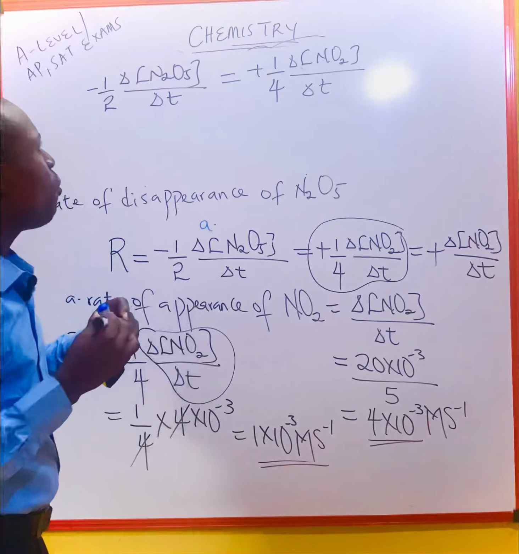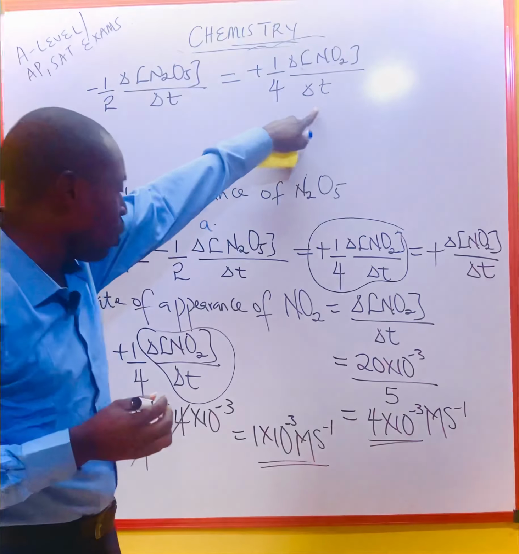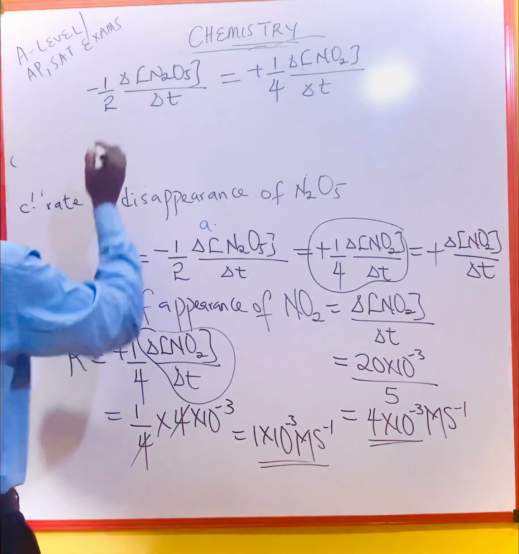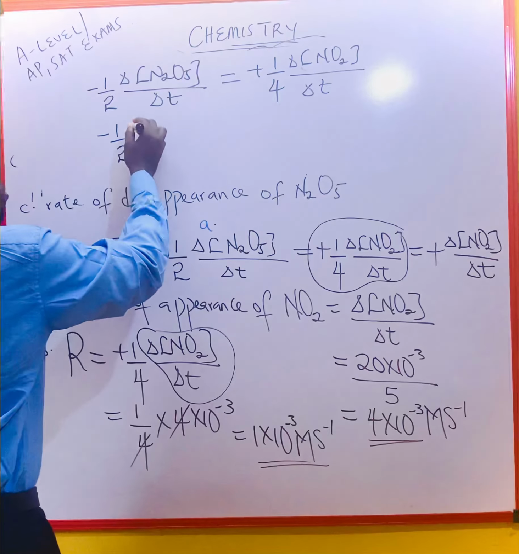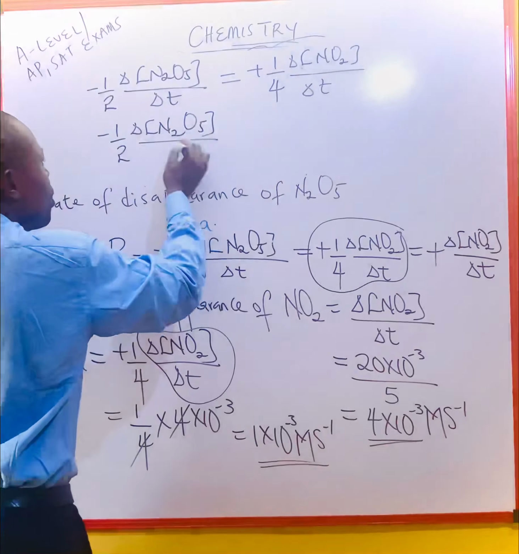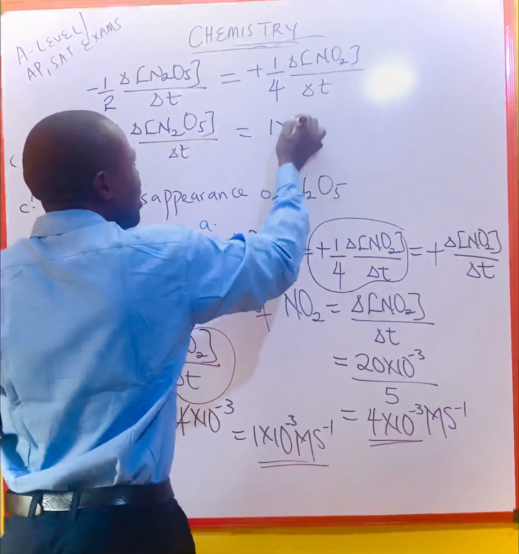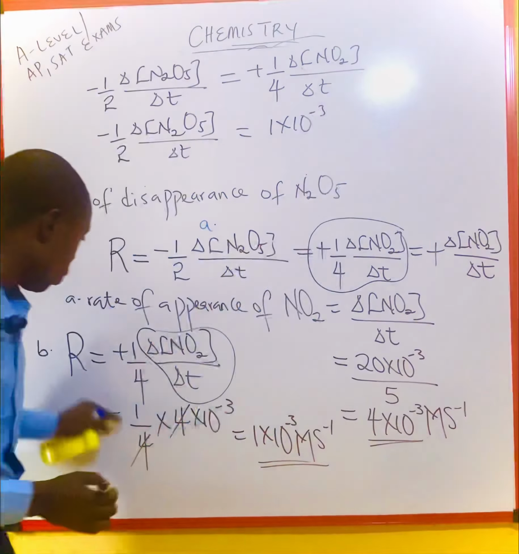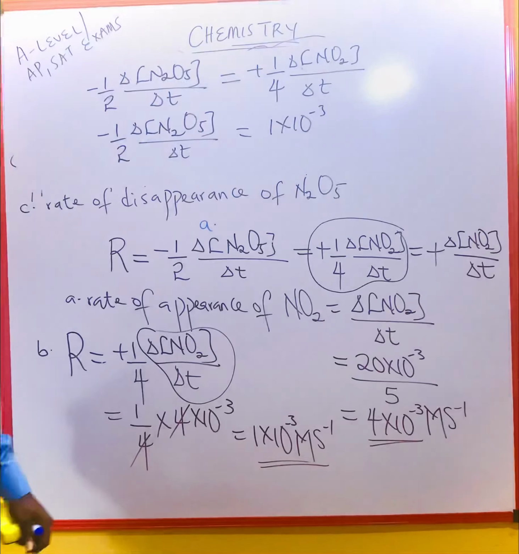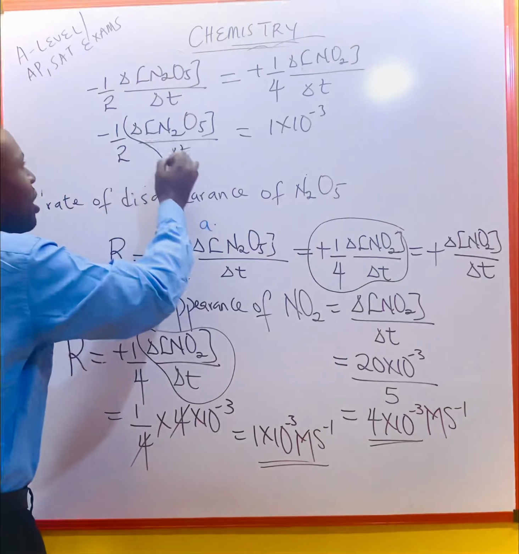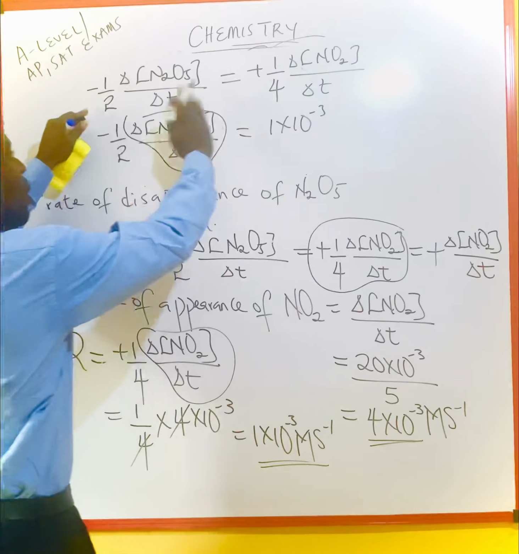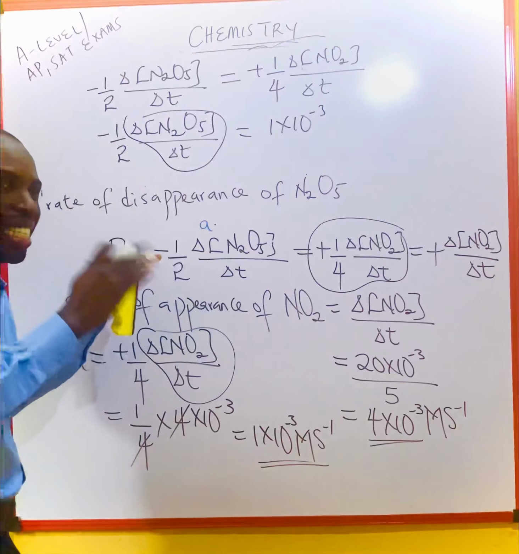The rate of this reaction, we've already gotten it. So change in N2O5 over change in T equals 1 times 10 to the minus 3, because we've already done it here. Remember the question says rate of disappearance, meaning you are looking for the disappearance of this one, not the rate of the reaction. They're asking for the rate of disappearance.